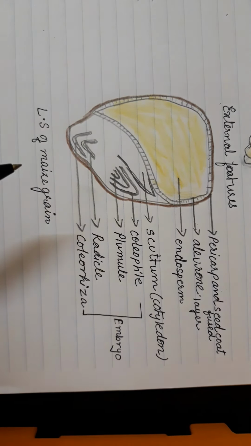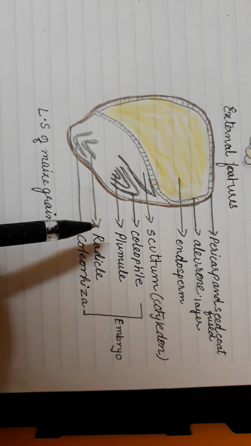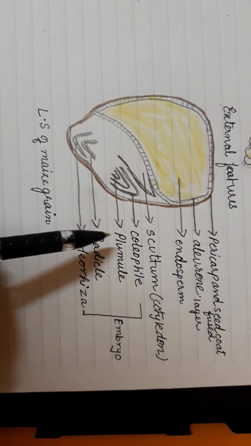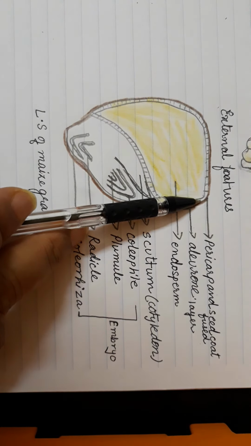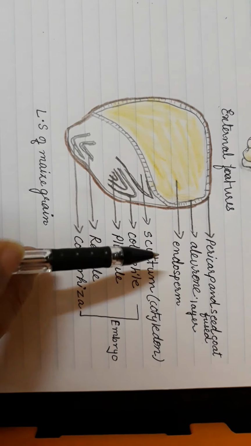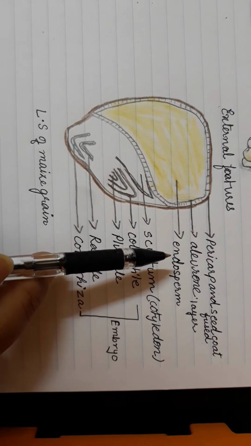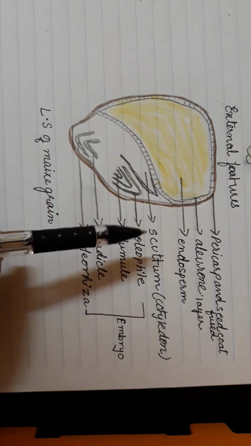Here we see what it contains. Pericarp and seed coat are fused, and because of this reason it is called a grain. Hilum and micropyle are not distinguishable in the maize grain.